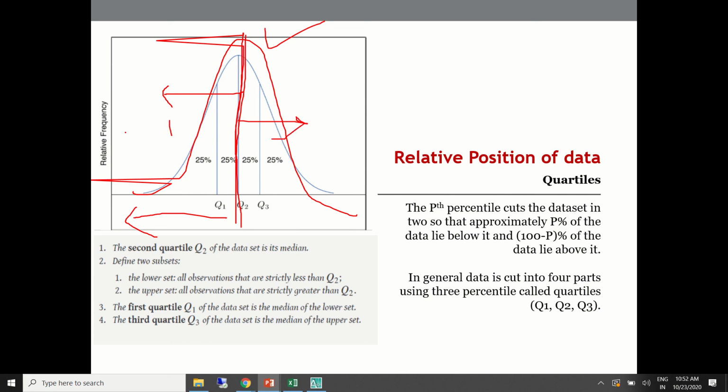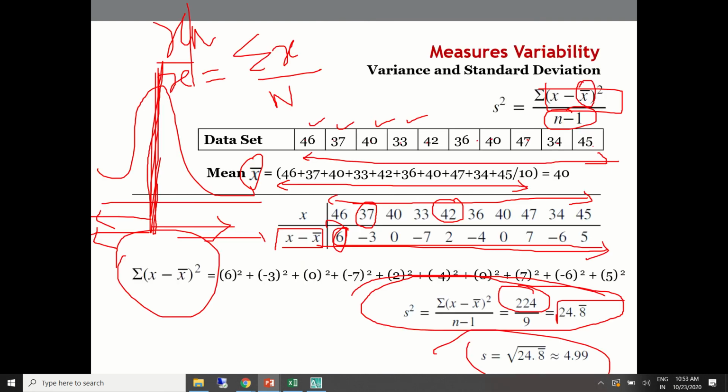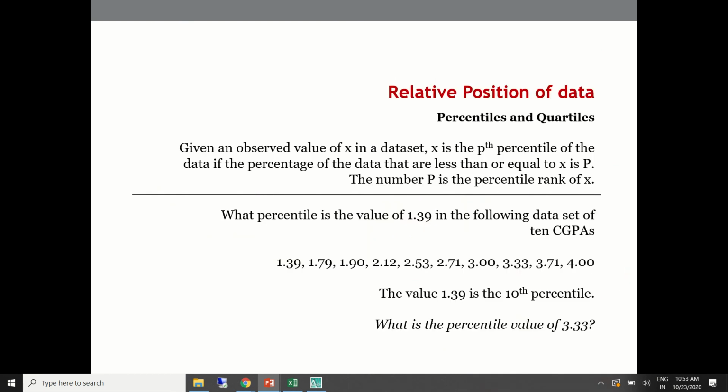How much is the variance and standard deviation from the mean value that we have in hand? That gives an overall picture of how the data is spread in the data that we have collected over a period of time.